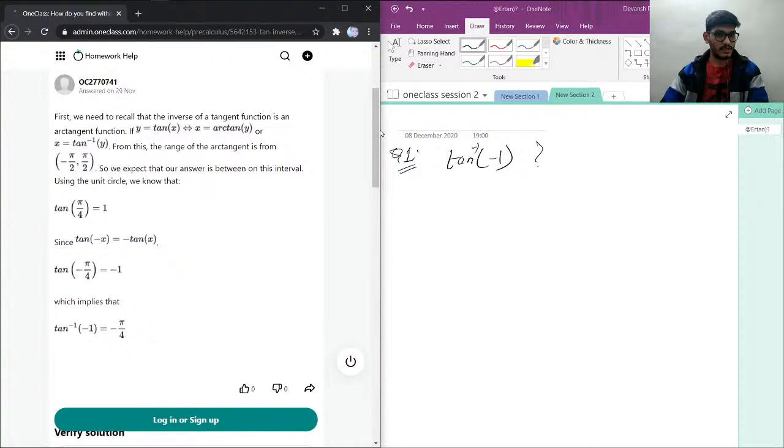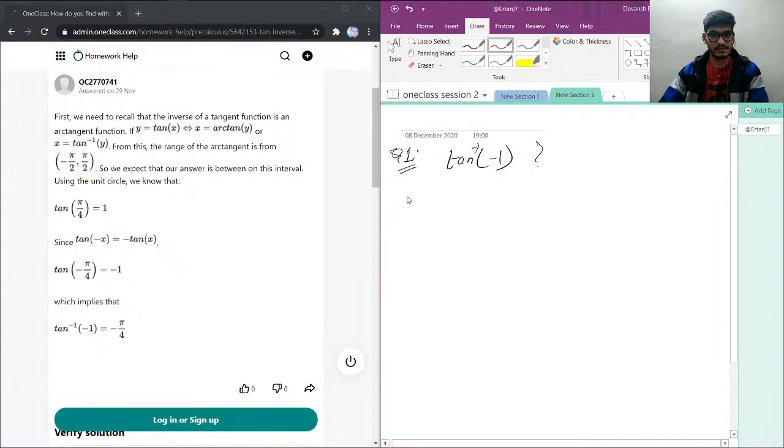First, we need to recall that the inverse of a tangent function is basically the arctangent function. So if y is tangent of x, this implies x will be tangent inverse of y.